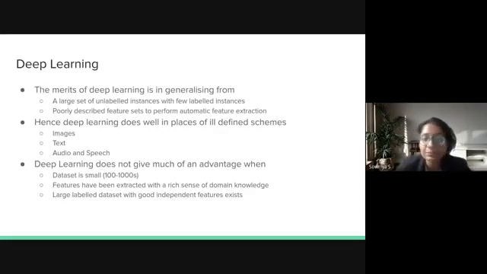The merits of deep learning are in two ways. One, it generalizes from a large set of unlabeled instances with few labeled instances. And as we saw in the very first class, poorly described feature sets get automatic feature extraction, so that the domain expert need not spend hours collecting the features, annotating the data set, and so on. So, deep learning does well in places of ill defined schemes in terms of images or text or audio or speech.